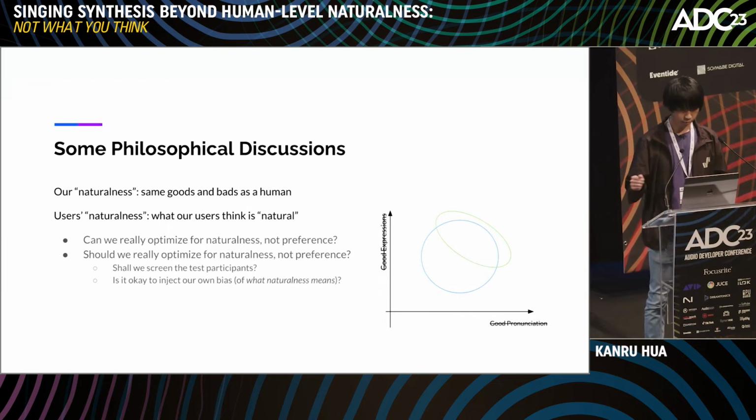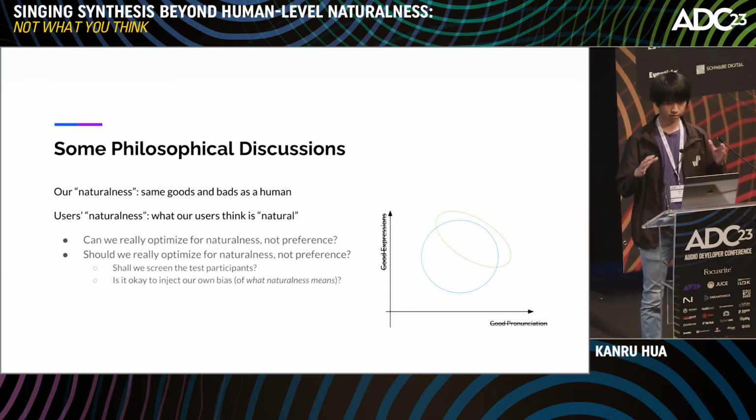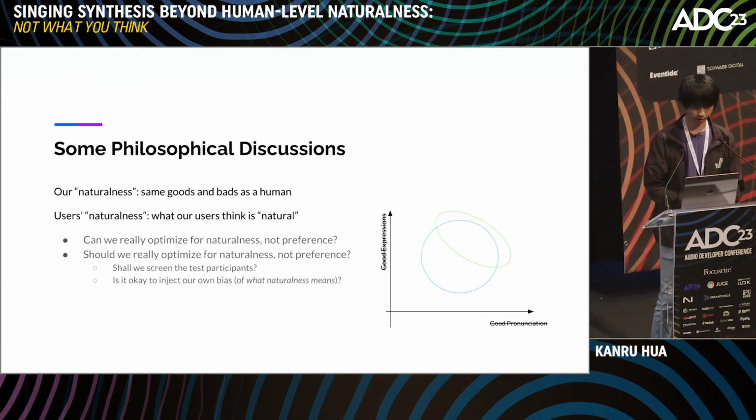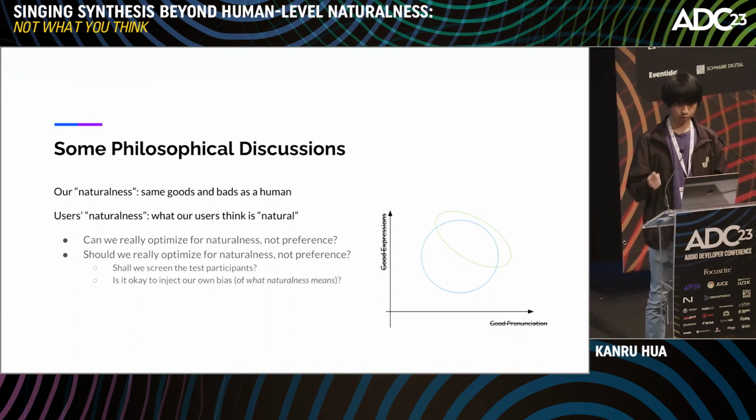So I think we can put it in a nice way: our naturalness as developers, or as more behind-the-scenes statistical thinking people, we think in order for our synthesizer to be natural, it has to be as good as a human, but on the other hand, it also has to model all the imperfections of a human singer. But perhaps by our users' definition, what they think is natural is really what they think is natural. So people all have their own understanding of naturalness.